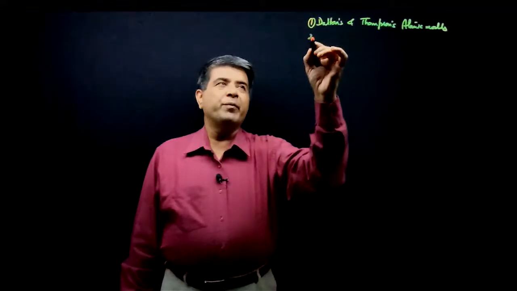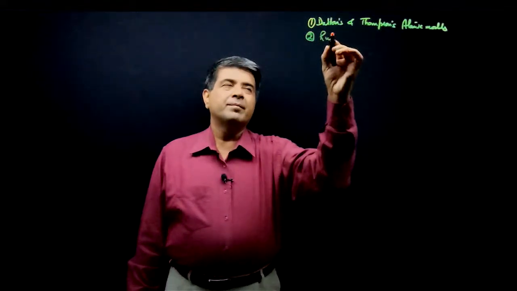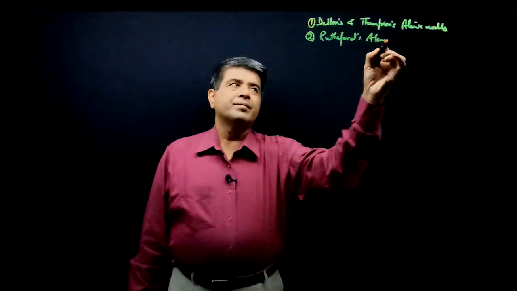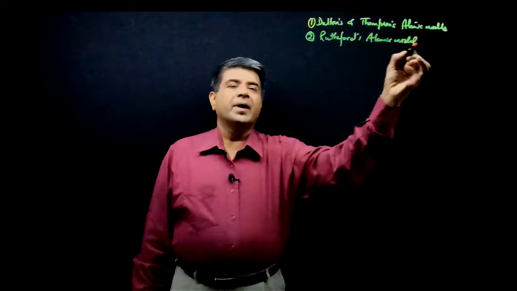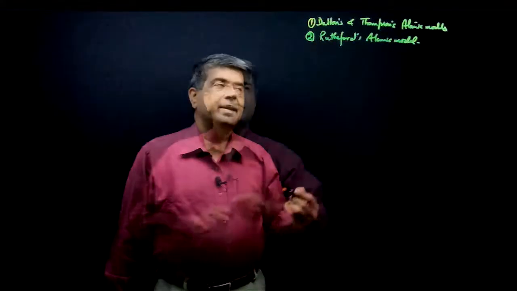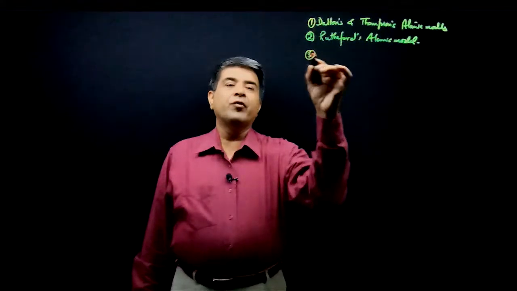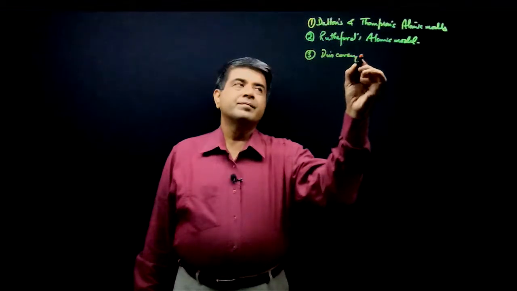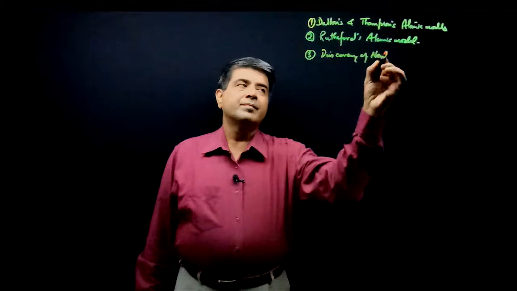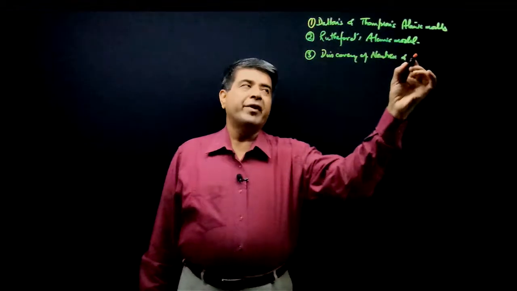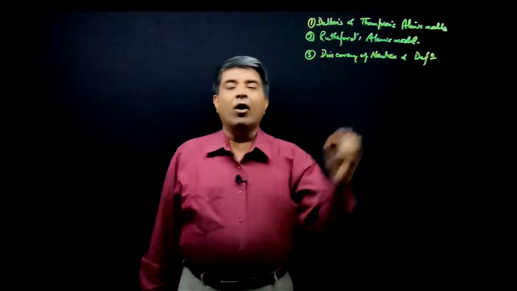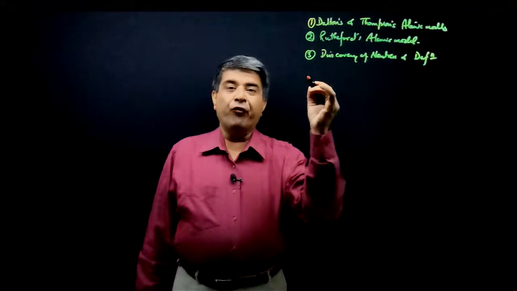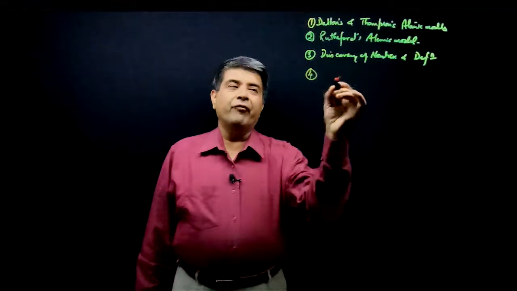Now the next video would be Rutherford atomic model, that is alpha scattering experiment. Third would be discovery of neutrons, and few definitions of atomic number, atomic masses, and the fourth video would be of wave and particle nature.